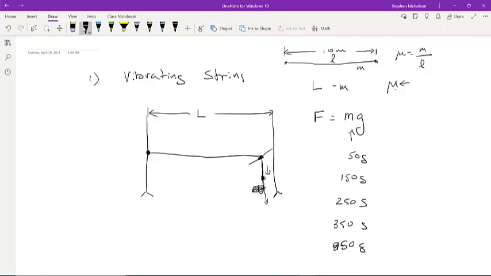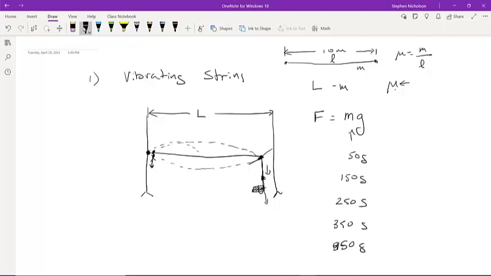Then what we're going to do is we have a little speaker here that will move this string up and down. And we will vary the frequency of this input oscillation. And first thing we'll see is at some frequency we'll get the first harmonic, and it'll be pretty obvious. We'll record that frequency.